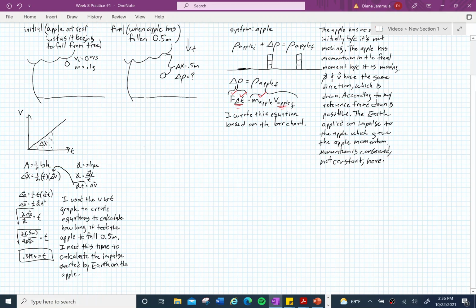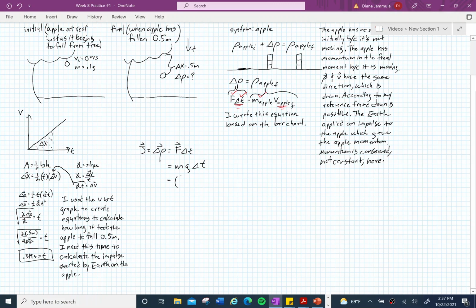Impulse is written as a J. Impulse equals the change in momentum, which is F times change in t. These are vectors. Now, the force that the Earth exerts is mg. I'll multiply that by change in time.